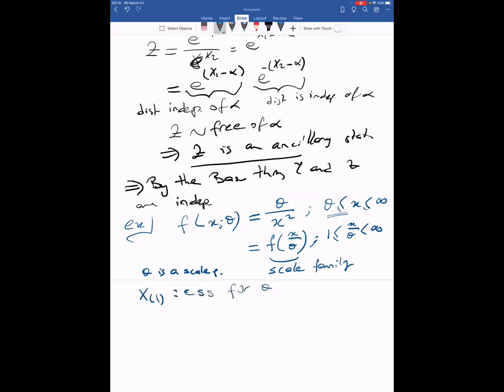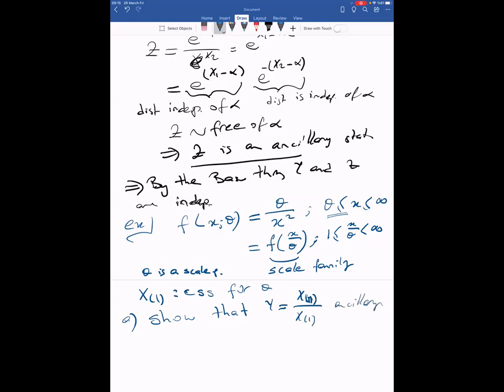So one part of the question is to show that Y equals the nth order statistic over the first order statistic is ancillary.